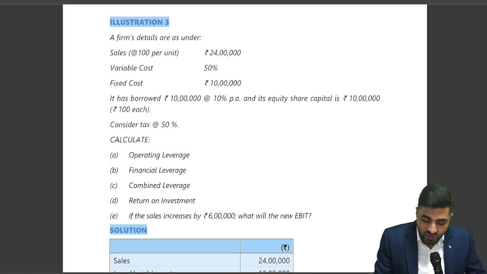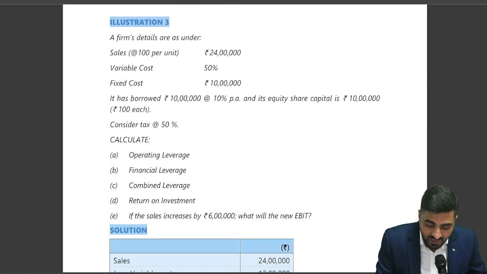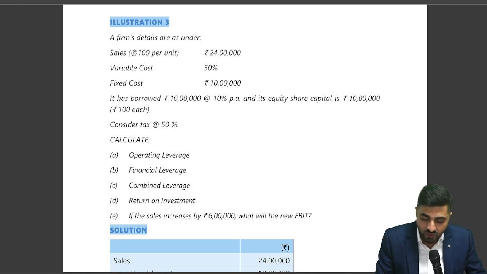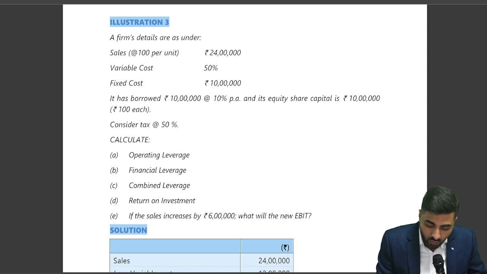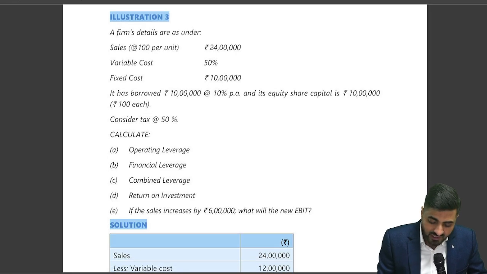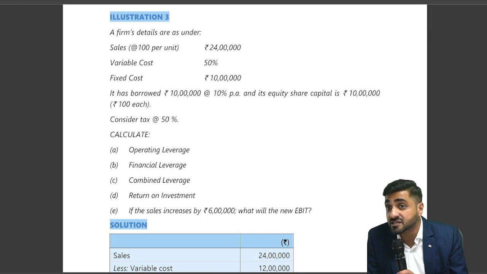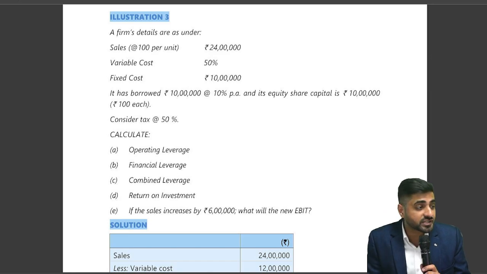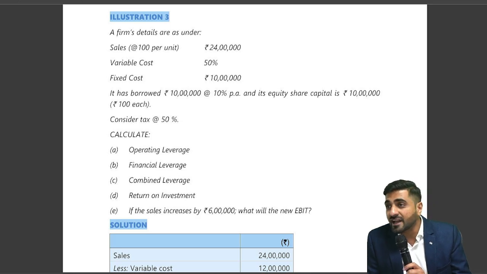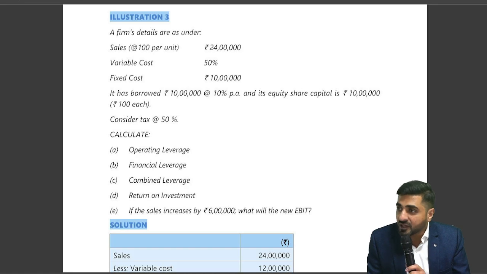In this question also, in the illustration we have sales, cost, we have fixed cost, and we are required to calculate OL, FL, CL. Acha guys, is there any preference shares in this question? Is there any preferences or no preferences? Beta, no preferences. Financial leverage will be a smaller formula or bigger formula? Smaller formula.